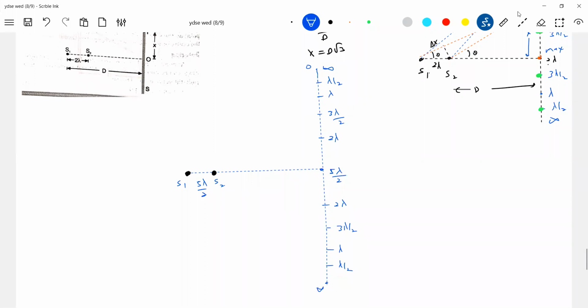All maxima I'll indicate by red color, and minima by green color. A maximum like 5 lambda by 2 can be asked here. You just be careful.